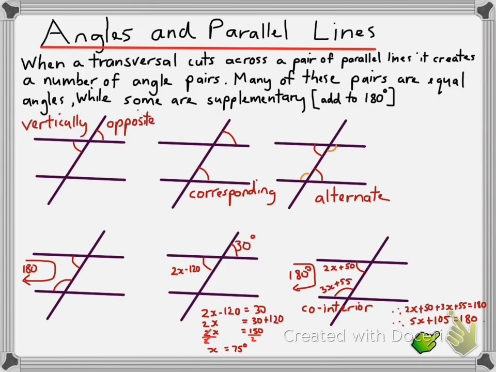So 5x plus 105 must equal 180. Let's take that positive 105 across to the right hand side of the equation. So it's now 5x equals 180 minus 105, which is 75. The last thing to do is to divide both sides by 5, and we get x equals 15.